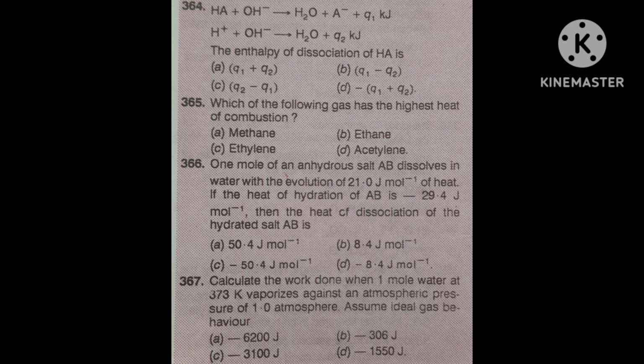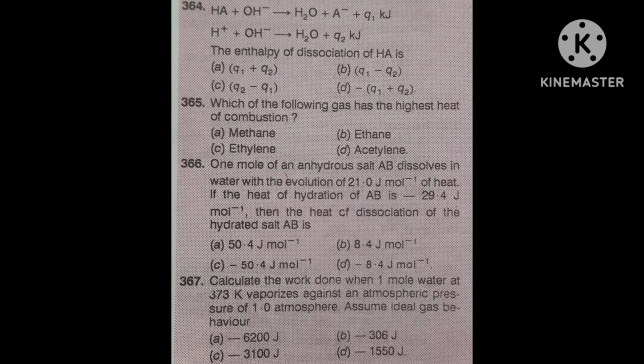Hence the difference of both, that means Q1 minus Q2, will be the value, because you have to calculate the enthalpy of dissociation of HA, and some heat will be required to break it, to ionize or dissociate it.